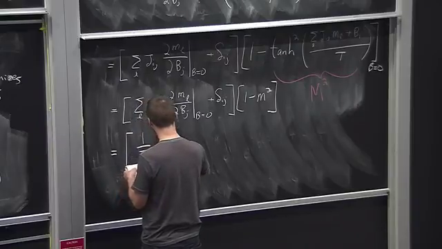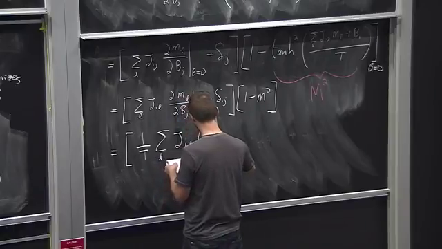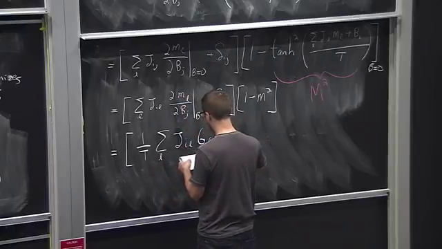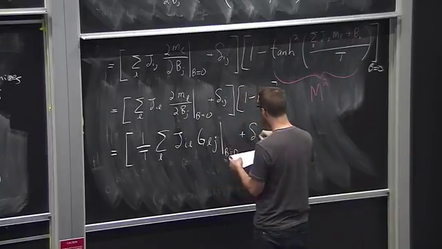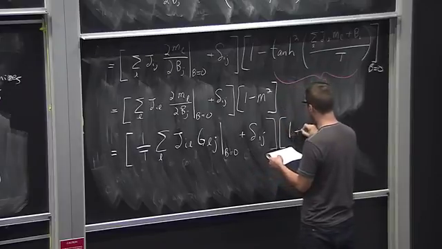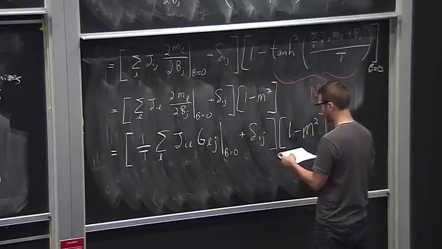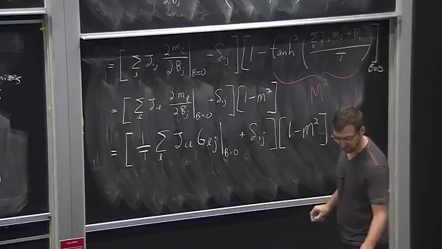So 1 over T, sum over L, J_il, G_lj at 0 field plus delta_ij, times 1 minus m squared. Okay, so that's a very general expression for G_ij.